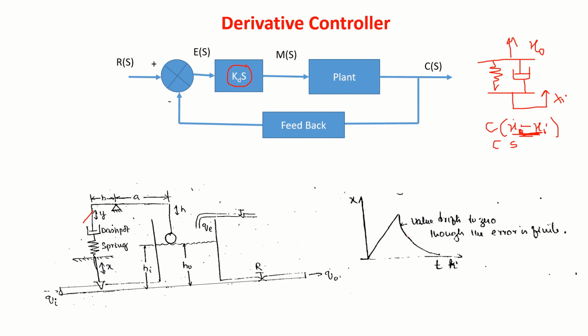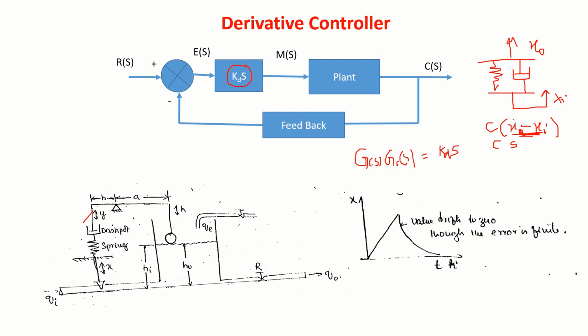So now we can get this transfer function. What happens is Gc(s) you can say Kd s, and the system I am considering is 5 divided by s plus 1.